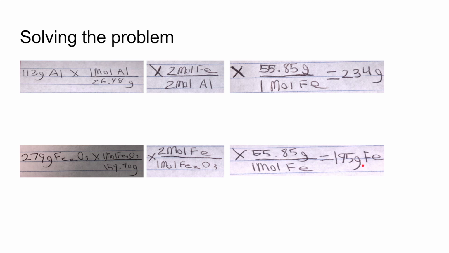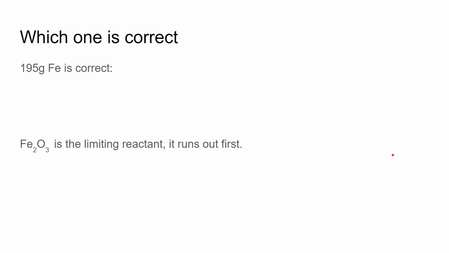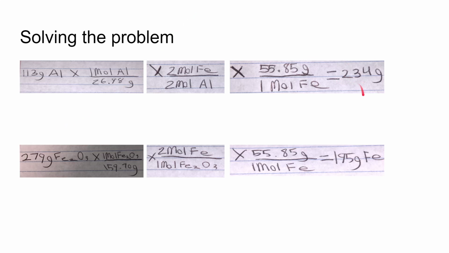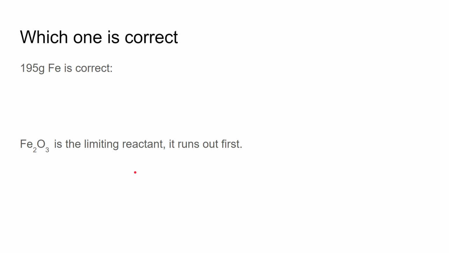So which one is correct? We have two answers, and they're both in grams, but which one is correct? It would have to be 195 grams of iron, because it is smaller than 234. It needs to be the smaller answer because iron oxide would be considered the limiting reactant. That means it runs out first.